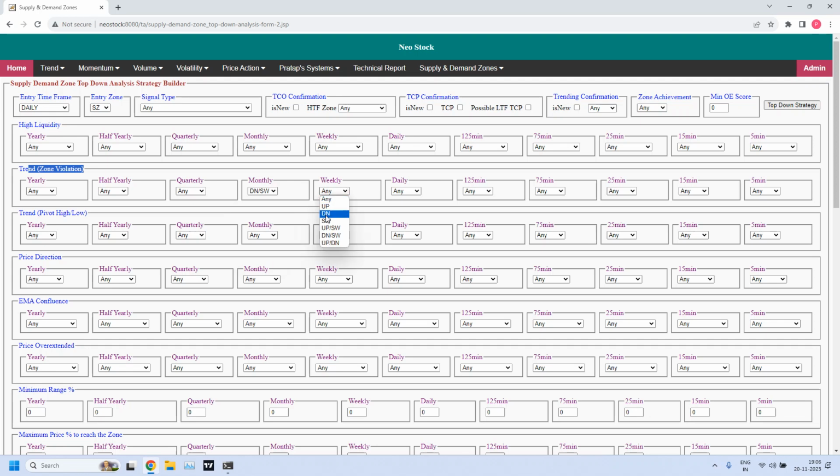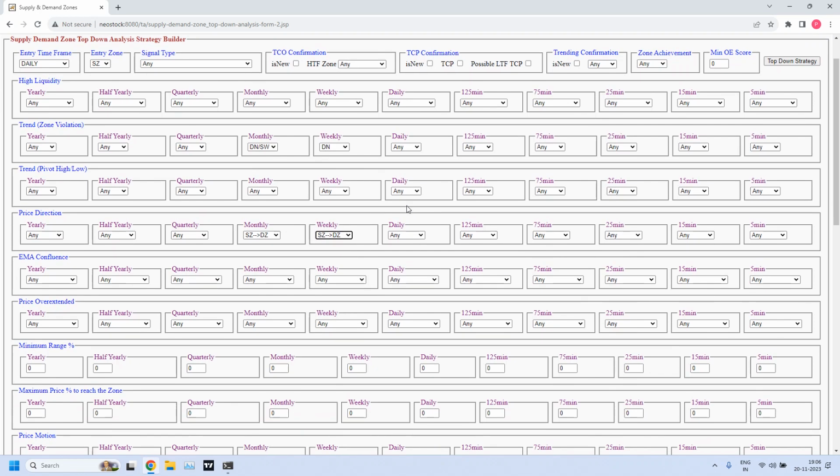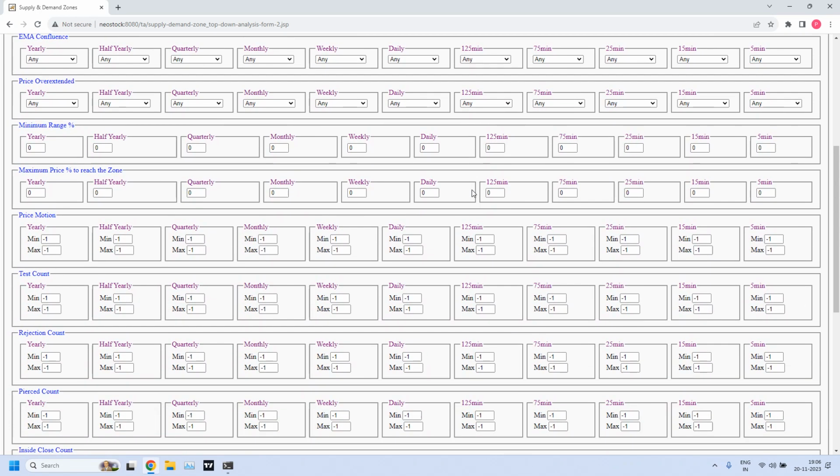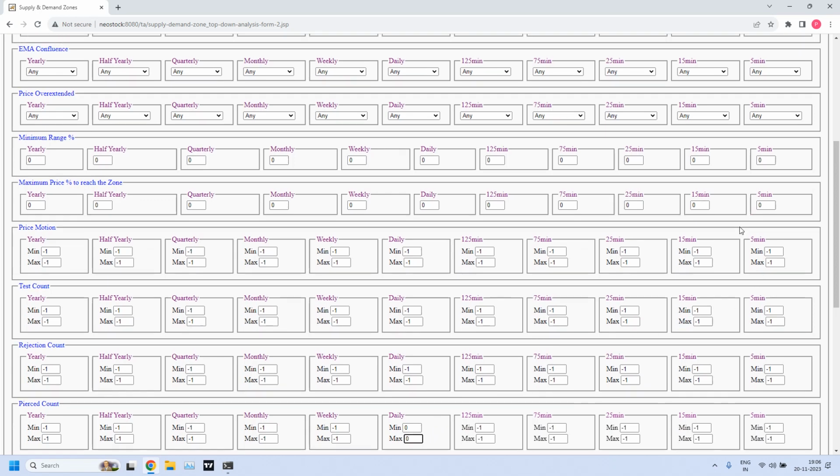Weekly should be downtrend because this is a bearish setup, and the monthly price direction should travel from supply zone to demand zone. Weekly also should travel from supply zone to demand zone, and we don't want pierced zones. So the pierced count for the daily time frame we are setting 0, 0, because we are filtering the daily zones.